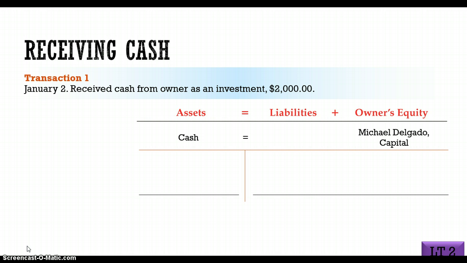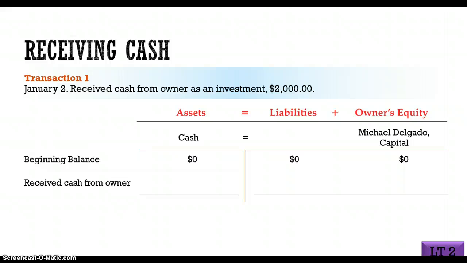Because it is a brand new company, we start with a beginning balance of 0. 0 cash, 0 liabilities, and 0 owner's equity. But back to the transaction. We received cash from the owner, so cash will increase by $2,000. So you add $2,000 to the asset or the left side of the equation.